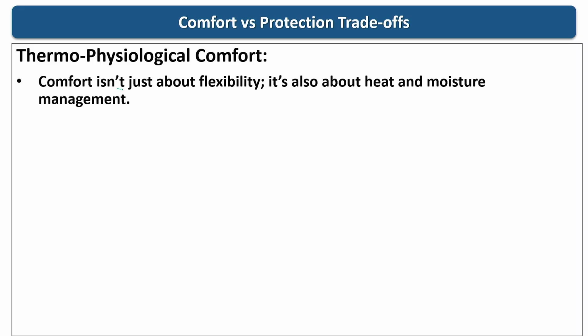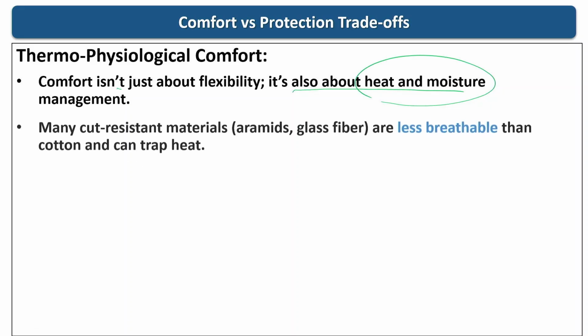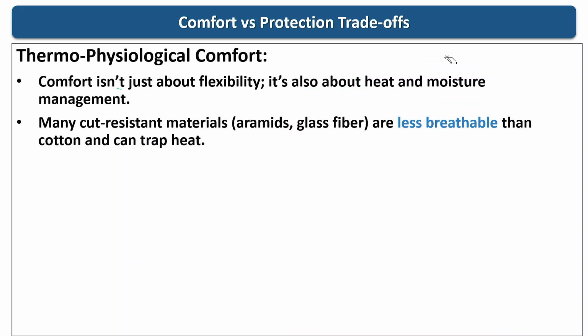So, comfort is not just flexibility, it is also about the heat and moisture management. So, if it is lightweight, if its flexibility is there, we should also balance the heat and moisture. So, it should be breathable. So, thermophysiological comfort is also important. So, we can find many cut resistant material like aramid, glass fiber that are less breathable than the cotton and other natural material, and which can trap the heat.